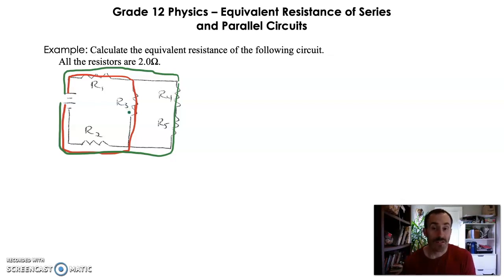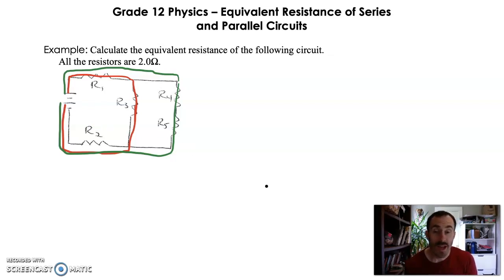And so we have to be careful about the order that we calculate equivalent resistances in. We cannot go R4 plus R5 in series and then add it to R1 and then add it to R2. They are all in series with each other, that's totally true, but then you have neglected the fact that R3 is also in series with R1 and R2.